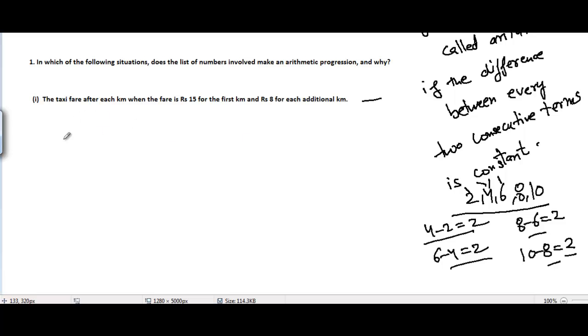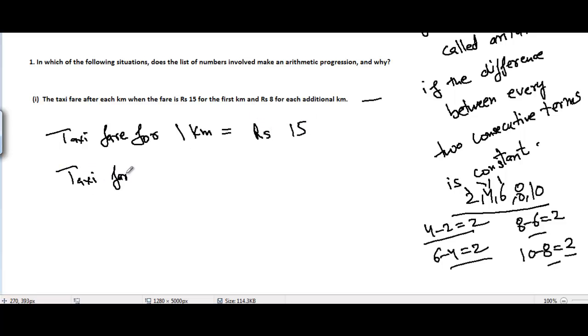Okay, the taxi fare for the first kilometer is equal to rupees 15. That's given to us. And the taxi fare for 2 kilometers would be 15 plus 8, because it's given to us that for the first kilometer it's 15 rupees, and for each additional kilometer it's rupees 8.